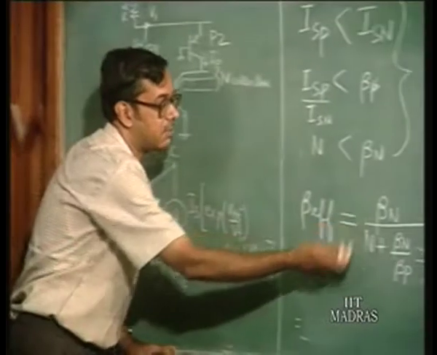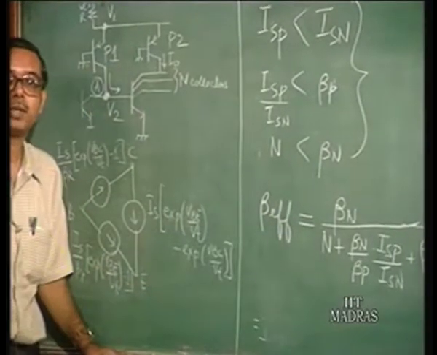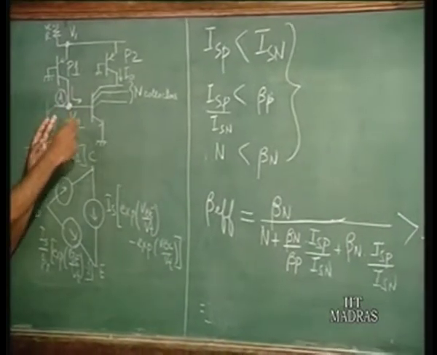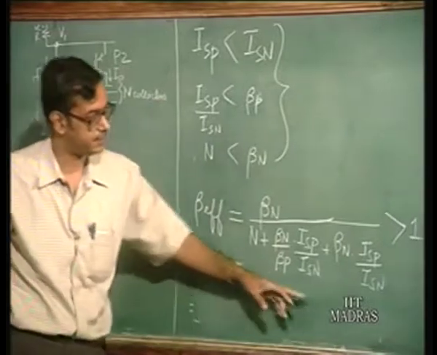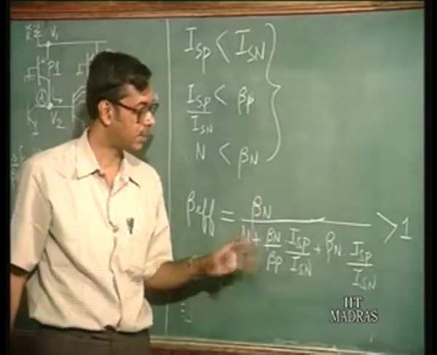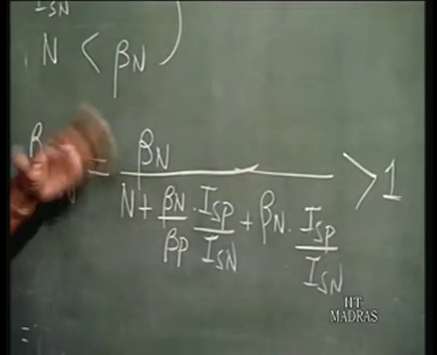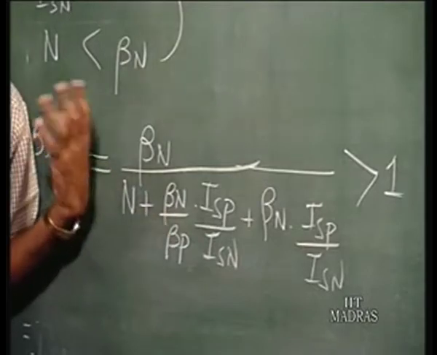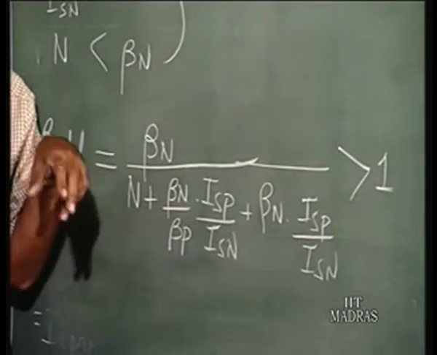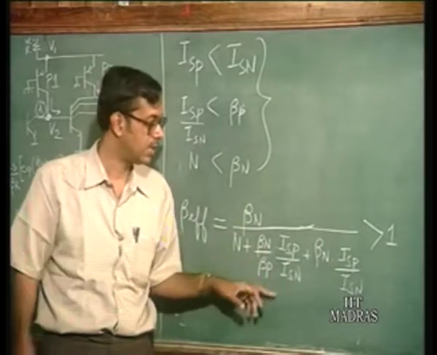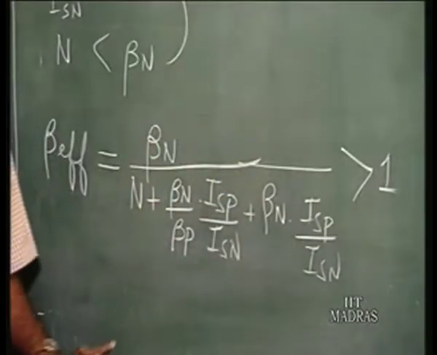So, this n is coming because of the large number of collectors, and the remaining terms in the beta effective expression are coming because the PNP transistor at the base is actually going to saturation, which means that the current sources at the collector and the base are different values, they are not the same. So, this is effectively modifying that expression.